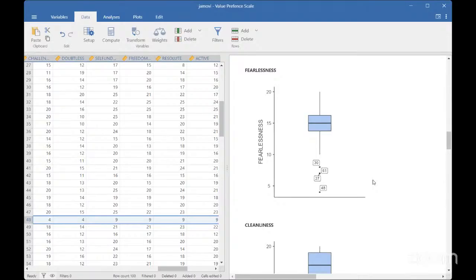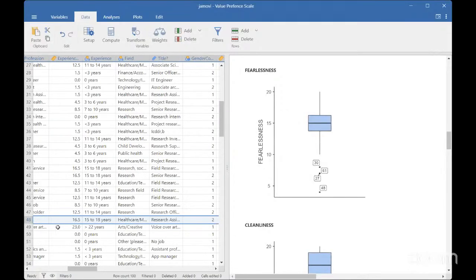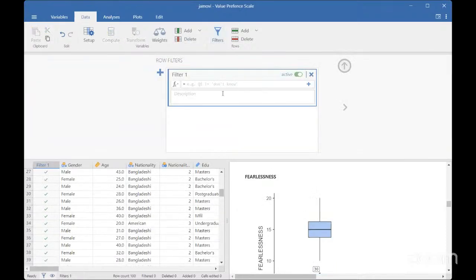Therefore, Ushmita, you do the rows. You go to the rows. No, no. There is one filter. You go to the filter and right side rows. There is a delete row. You click it.